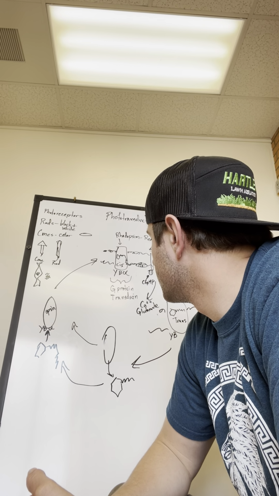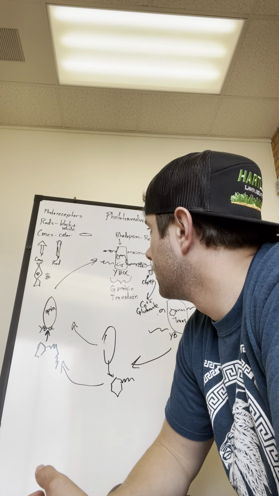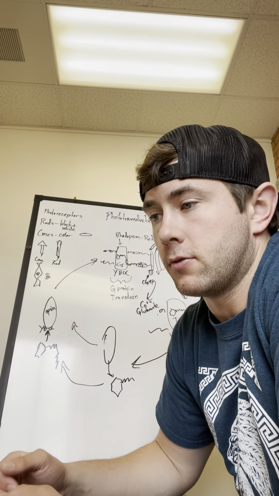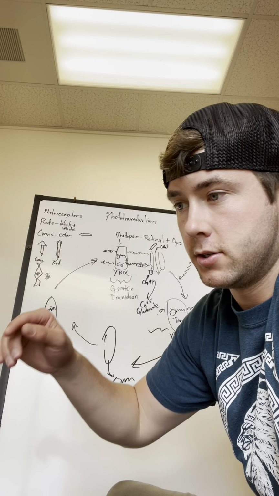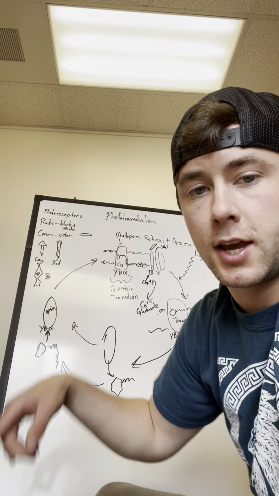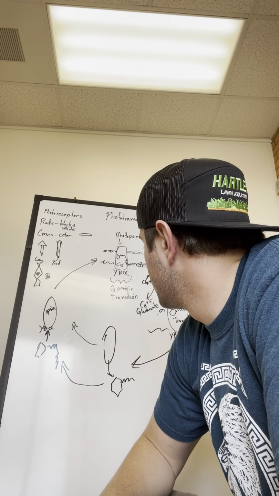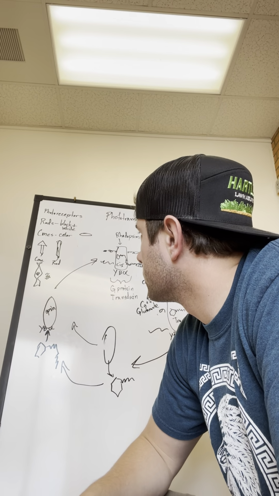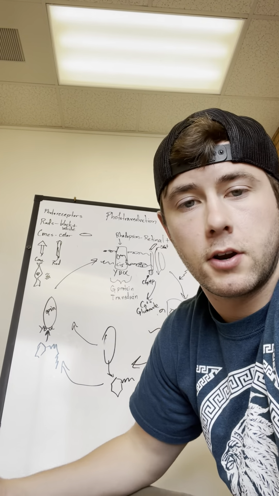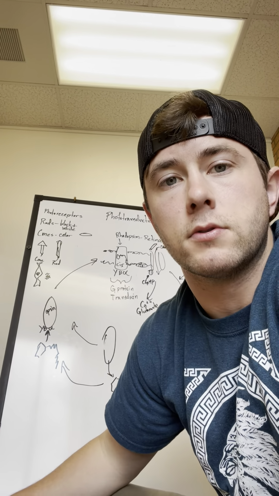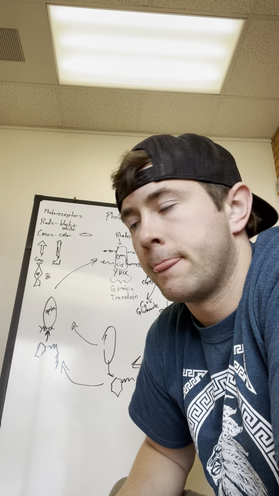And so it's pretty important that we understand how light changes retinal such that there's a cascade effect, and we deactivate the whole thing. Deactivate inhibitory signals. So that is phototransduction, and that's how rods and cones interact with light.